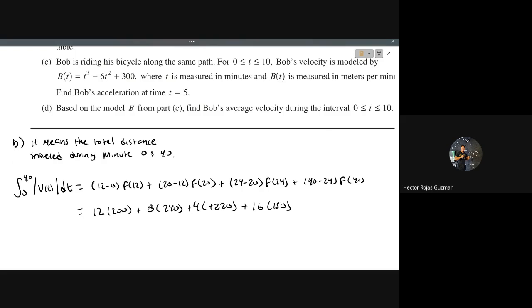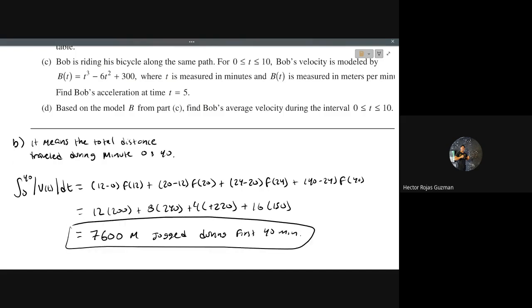Oh, there was no calculator, huh? Well, you guys can multiply all those by hand. I'm just going to tell you that the answer is 7,600 meters jogged during the first 40 minutes. Interestingly enough, the setup was correct in a lot of people's work, but we didn't end up making mistakes. Not everybody got 7,600 who set it up correctly.